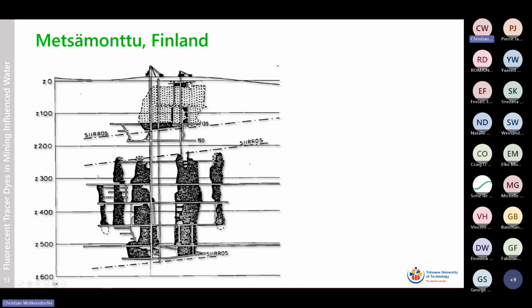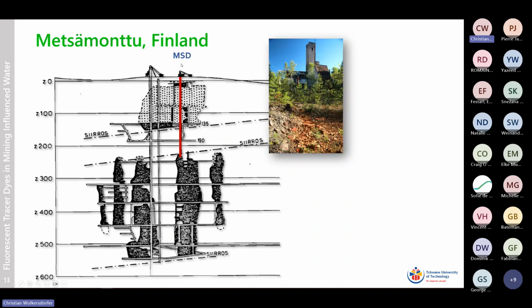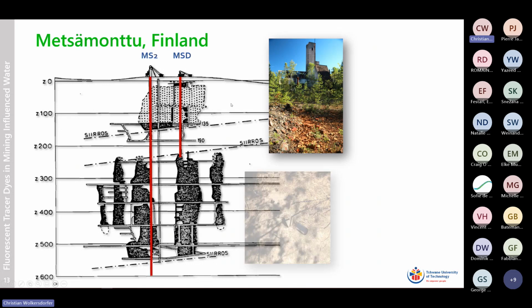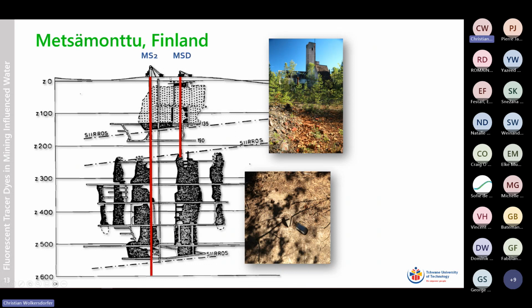So that's from a 1970 publication. You can clearly see that we have 2 shafts. One I called MSD. Here you can see a picture of it. It's 250 meters deep. And the other one, it's 330 meters away from this one. It's Metsämontu shaft number 2. It was, when it was constructed in the 1980s, the deepest shaft in Finland with roughly 600 meters.